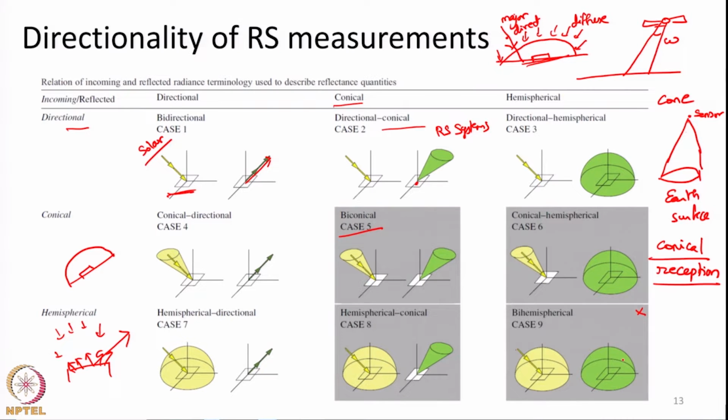So, what are some examples for these directionalities in order to make it more clear? Normally, as I said, the sun's radiation, or if we are using some highly collimated laser beam to illuminate some objects, we can consider them to be directional, that is, coming in from only one particular direction.